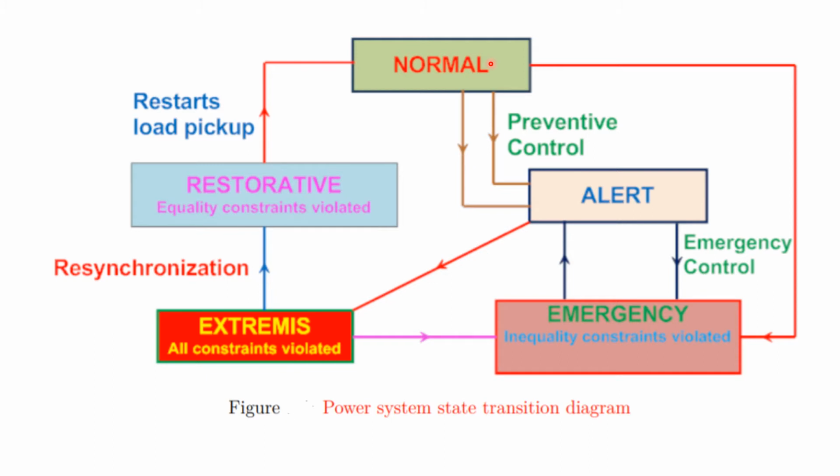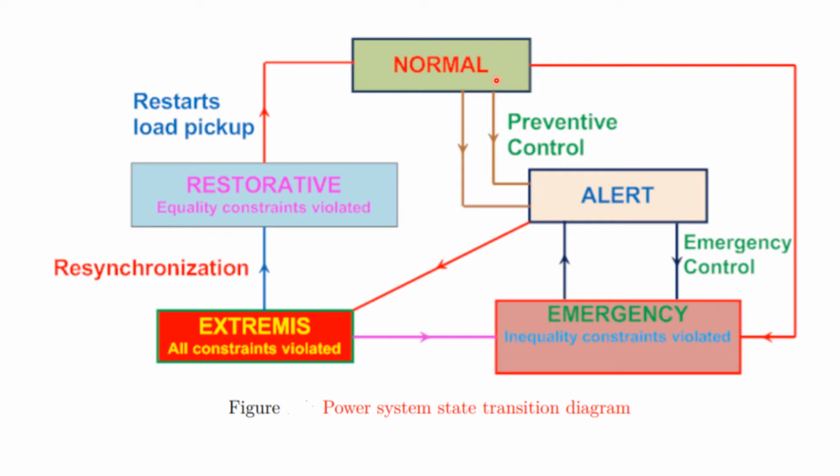That means any equipment in the system is not overloaded, and all the components are within the normal range. That's the meaning. So normal or secured state means equality constraints as well as inequality constraints are satisfied.